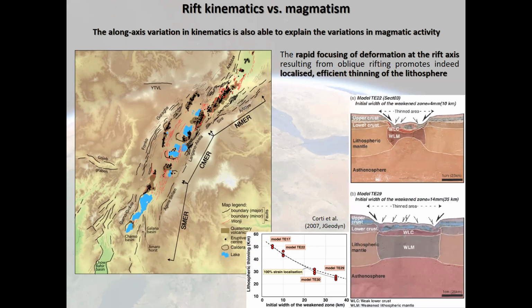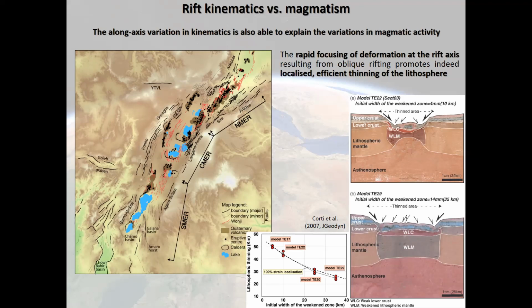volcanism, magmatism in the Main Ethiopian Rift, because the rapid focusing of deformation at the rift axis resulting from oblique rifting in the north promotes a very efficient thinning of the lithosphere in these sectors of the rift, because the more localized is the deformation, the more efficient is the thinning of the lithosphere.